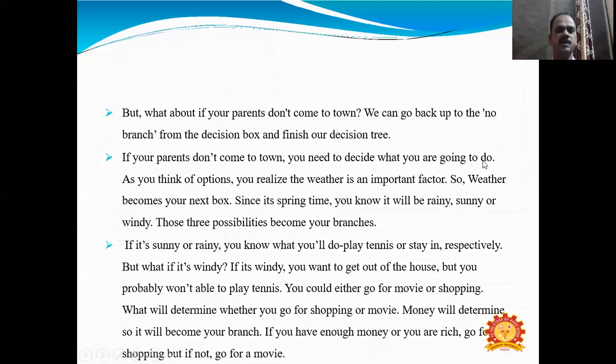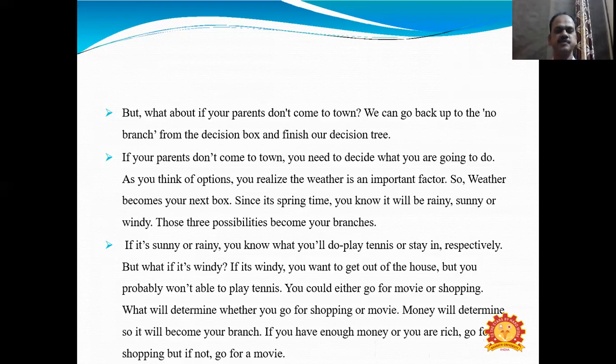But what about if your parents don't come to town? We can go back up to the no branch from the decision box and finish our decision tree. Based on your parents' reply, you can split the tree and extend the branch from an existing one. If your parents don't come to town, you need to decide what you are going to do.